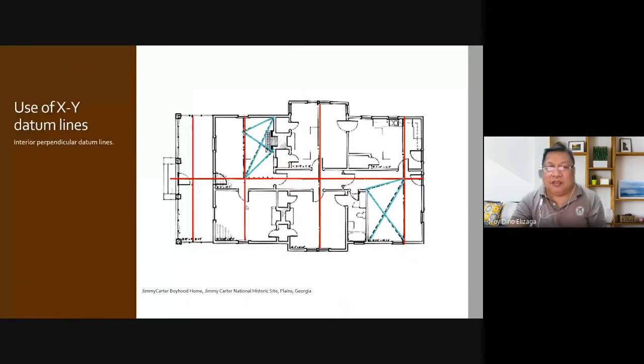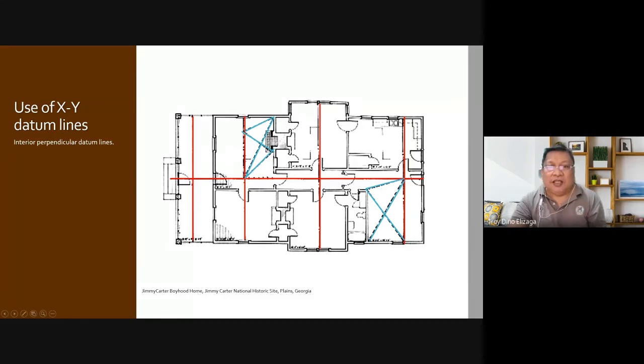Inside, you can also put a main reference line, like this horizontal one here, and then run reference lines perpendicular to that in each room. Notice that it has to go through the door, so the fewer, the better.